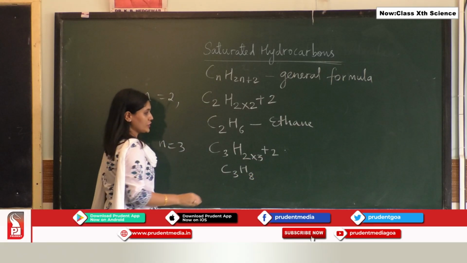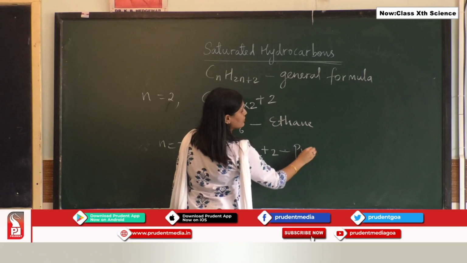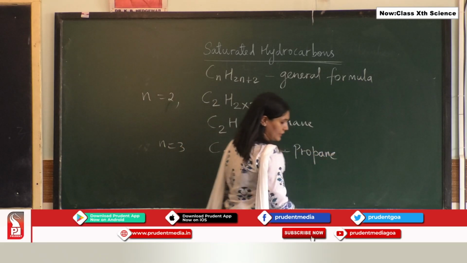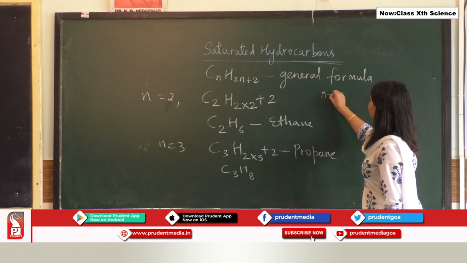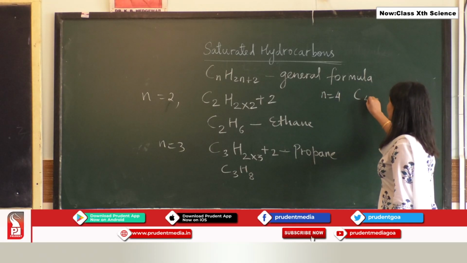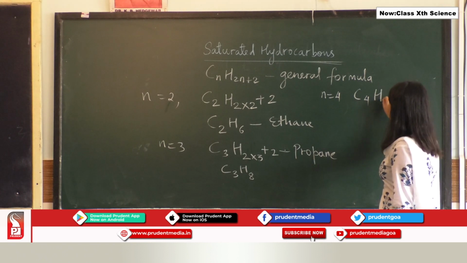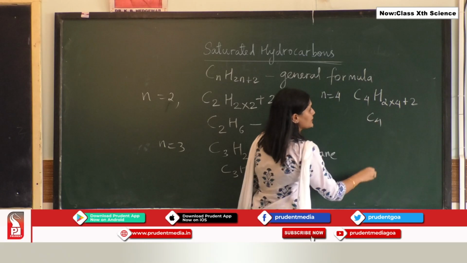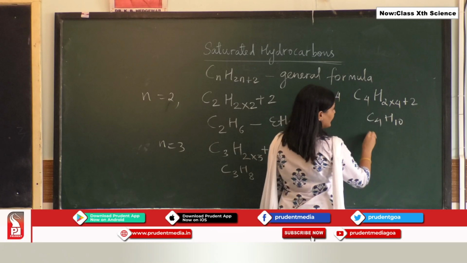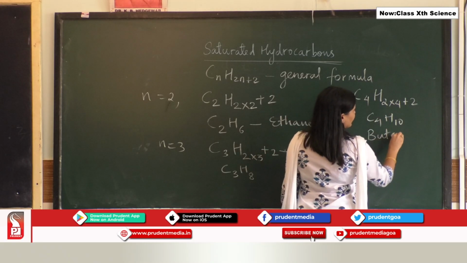So C3H8, which is the formula for propane. If I take n is equal to 4, I am going to get C4, H 2 multiplied by 4 plus 2, my formula is going to be C4H10, which is my butane.